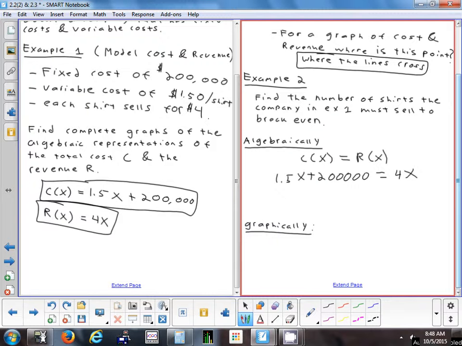Move 1.5 over. Yep, and how do you move that to the other side? Divide it. Careful, it's not multiplied by the 200,000. Oh, okay. Yeah, you're going to subtract it. Okay, so subtract that 1.5. 4 take away 1.5 leaves you with 2.5.